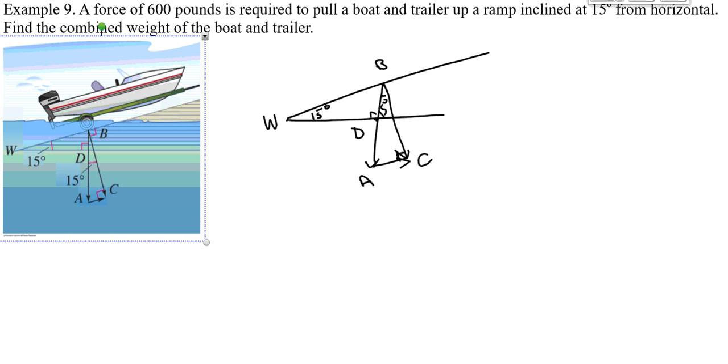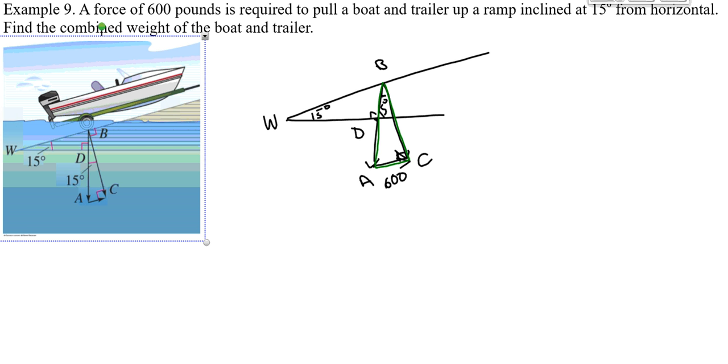Since we're trying to pull along AC, this boat up the ramp, we're going to call that the 600 pounds of force. Now, look at this little right triangle, and I'm going to retrace it in green just so that I can talk about it.